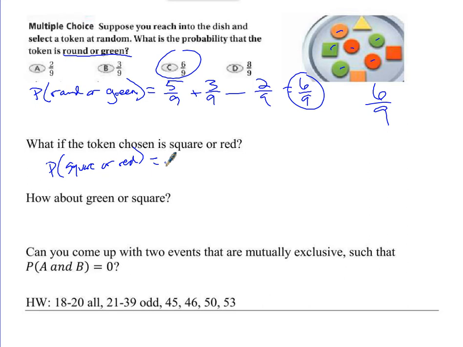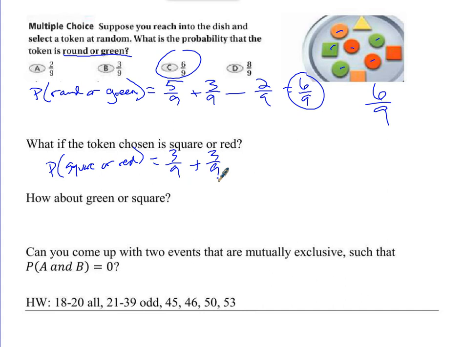Probability of a square would be what? 3/9, thank you. Probability of red. These 3 here are red, yeah. So it's 3/9. Then what? Minus, what am I subtracting here? Say in words, not just 1.